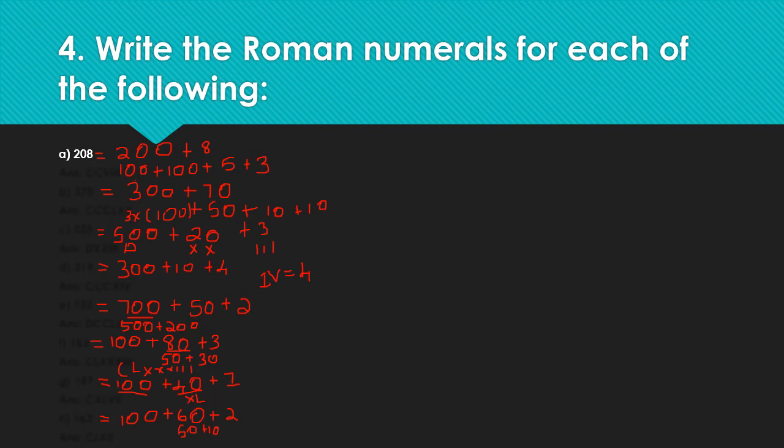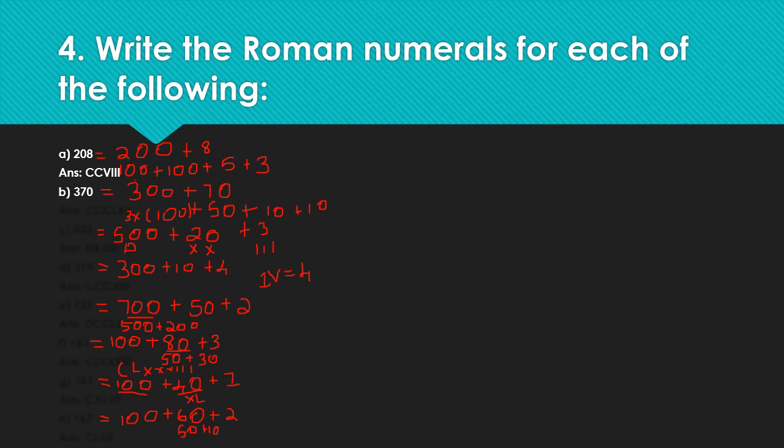Then 8 you can split as 5 plus 3. So now what is the Roman numeral for this number? That is 100 is C. Then again 100 is C. Then 5 is V. Then 3 is I. So you will get the Roman numeral as CCVIII.